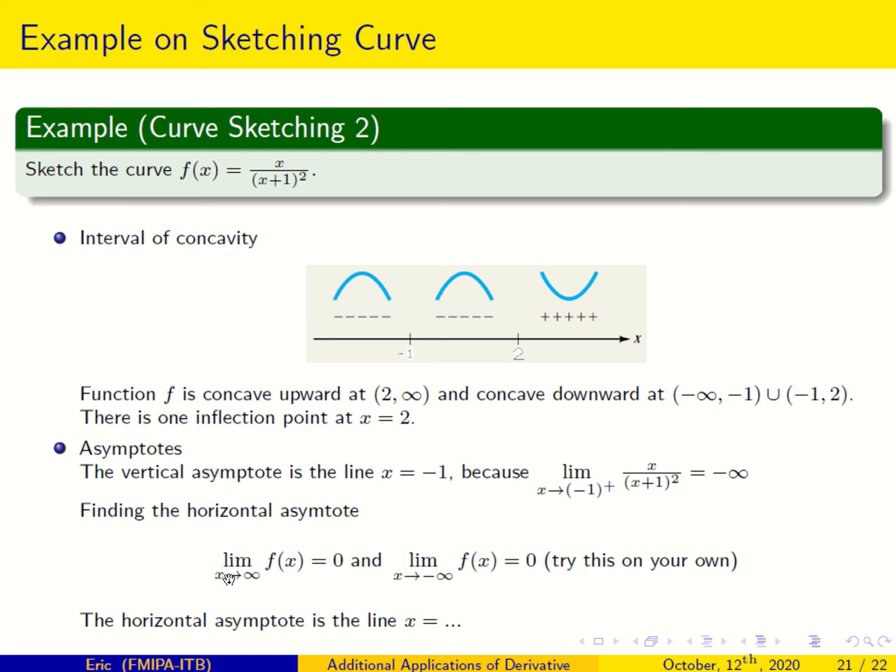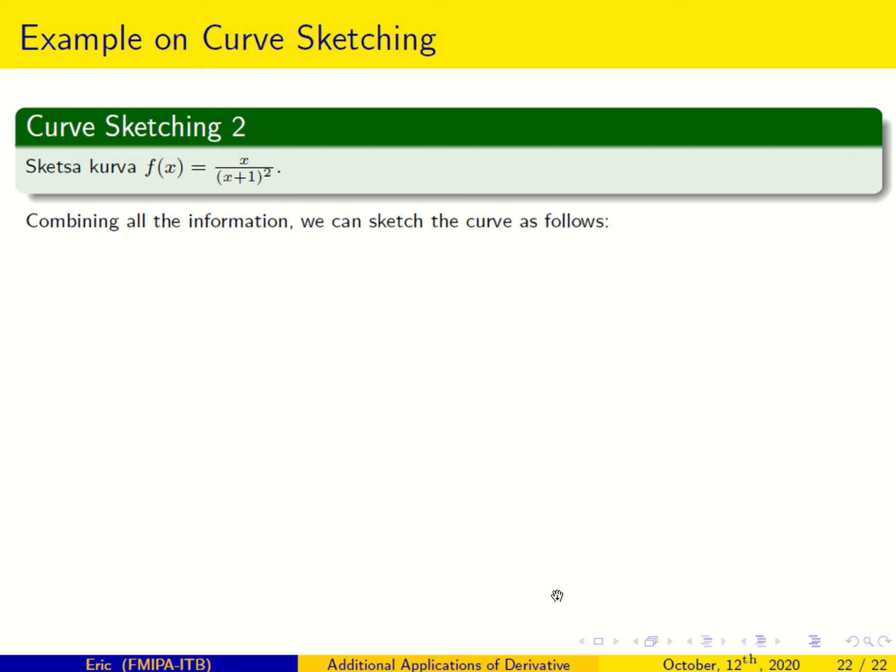You can check that the limit as x goes to infinity of f(x) is 0, and as x goes to minus infinity, this is also 0. So y equals 0 is the horizontal asymptote, and x equals minus 1 is the vertical asymptote.